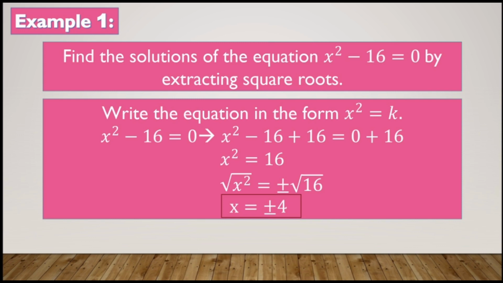So we have x squared minus 16 plus 16 is equal to 0 plus 16. So we have x squared is equal to 16. And by extracting the square roots, square root of x squared is equal to positive and negative square root of 16. So we have x is equal to positive and negative 4.